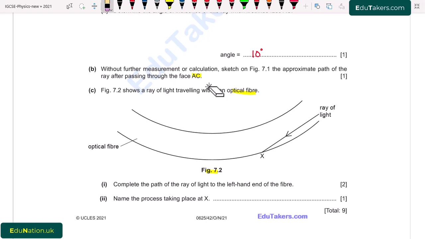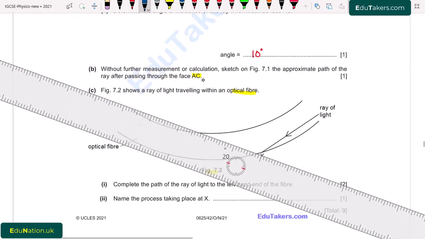I will draw the path of this ray. It will be just like this.